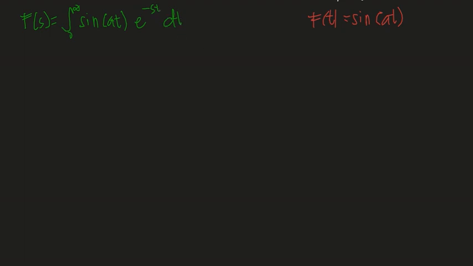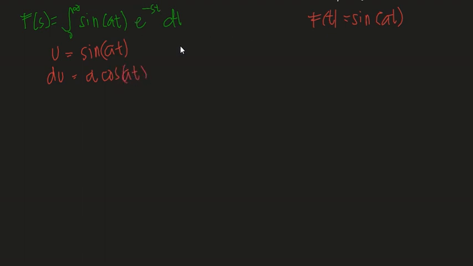Let us repeat the process so you remember our integration by parts process. We have trigonometric and exponential. Here, trigonometric is sine, so we let it be u. So u is sine at. The derivative of sine is, we start with the inner function. The derivative of at is equal to a. So the derivative of sine is cosine at.